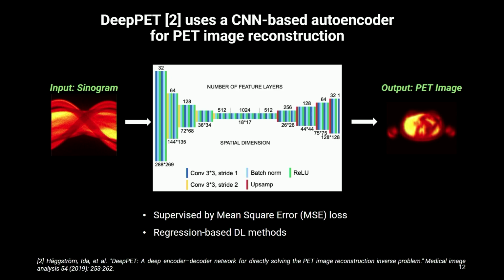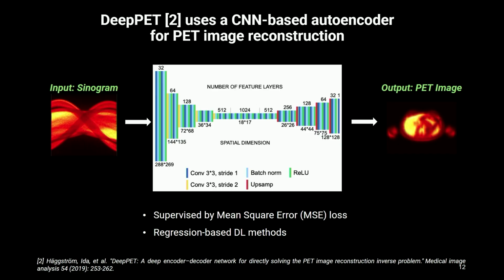So recently there have been several deep learning based works that directly map sinograms to PET images. DeepPET is actually the first one to propose an end-to-end network for PET reconstruction using an autoencoder CNN. DeepPET is supervised by the mean square error loss.